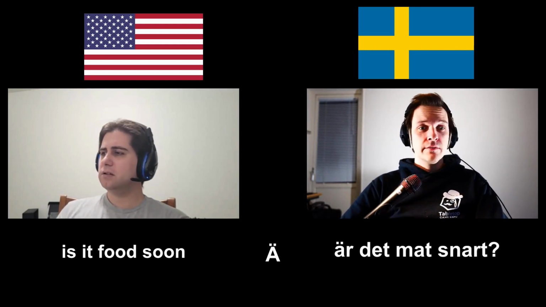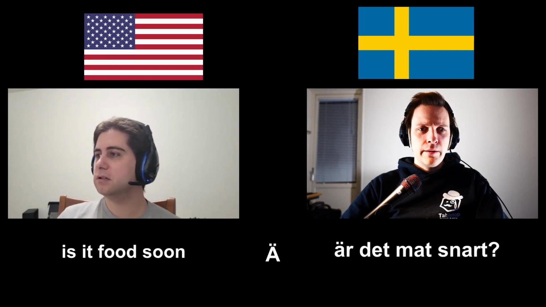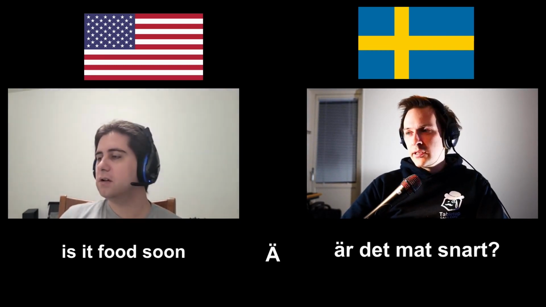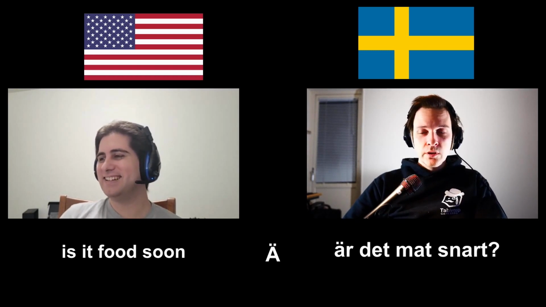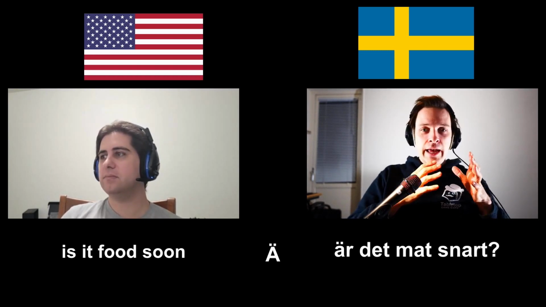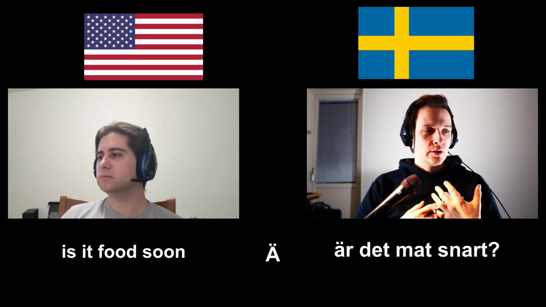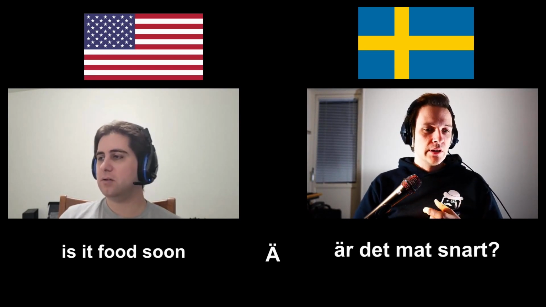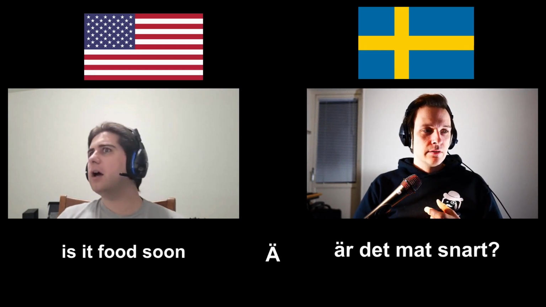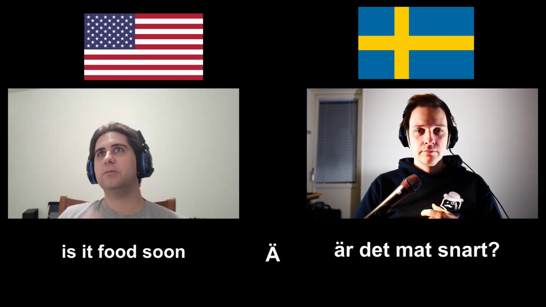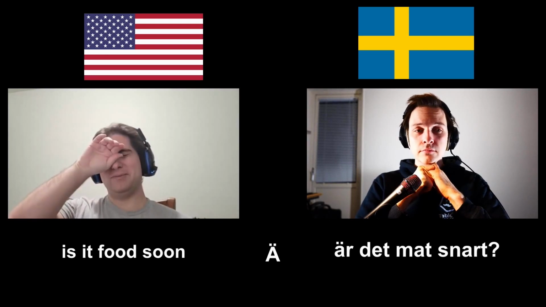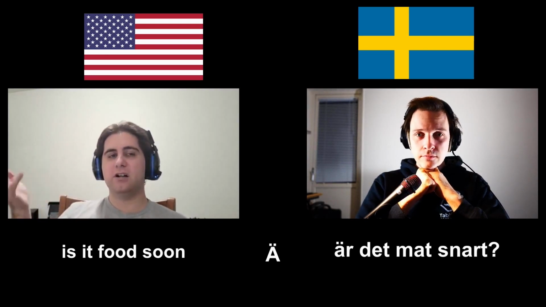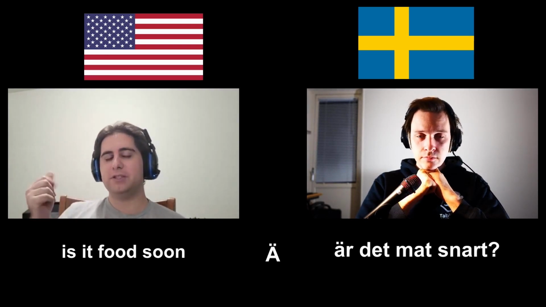Yeah, correct. Typical child saying to the parents. Can we eat soon? But here the "är" is also "is it," together with "det." It's similar to, to jump to a different language, "estar" and its forms in Spanish, it seems.